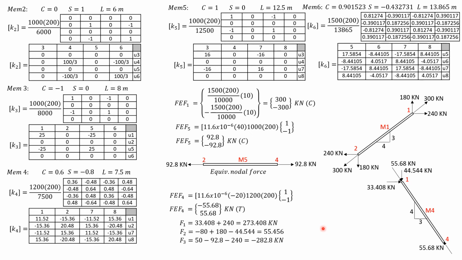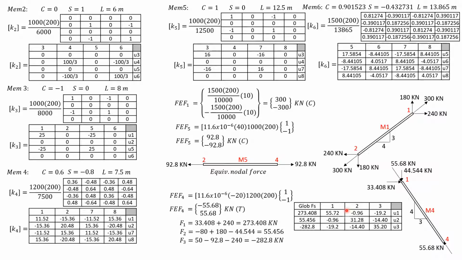So you'll get negative 282.8 kilonewtons. So we only have to fill in the 3 by 3 matrix, because all the rest have 0 displacements. They are supports. So this is a known 3 by 3 and we can easily solve that.